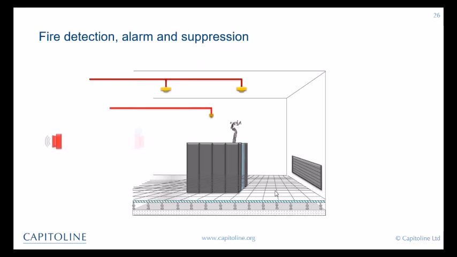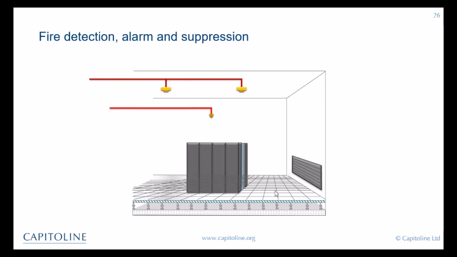And importantly, it may surprise you, but fire is a major cause of downtime within data centers. Sometimes faulty fire systems, sometimes real fires, and you can imagine the consequence of a fire in a data center is massive.